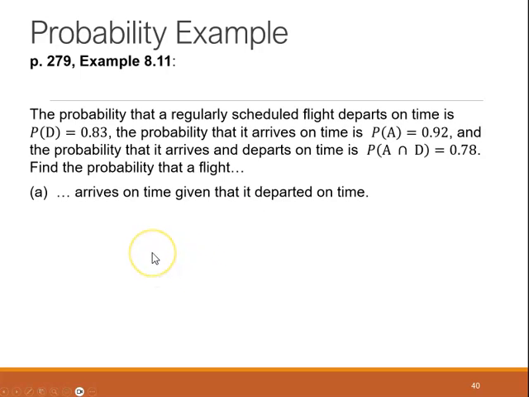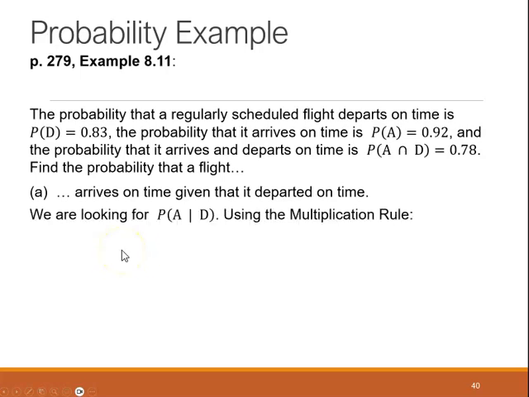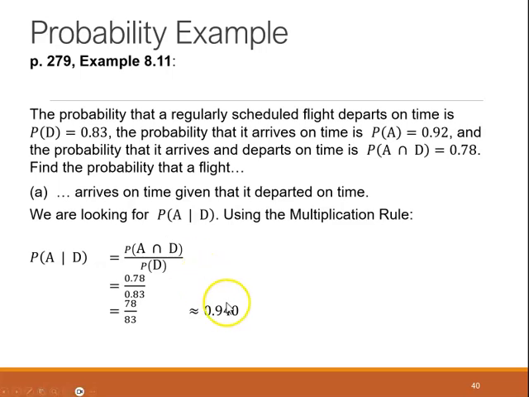So we're looking for the probability of A given D, right? So using our formula, probability of A and D, 0.78, divided by the probability of D, 0.83. So 94%. Everybody's okay?